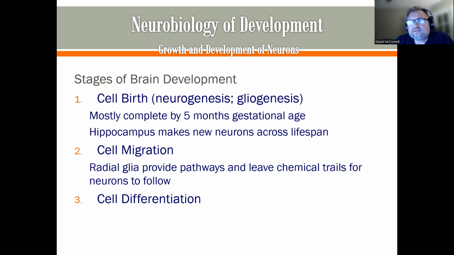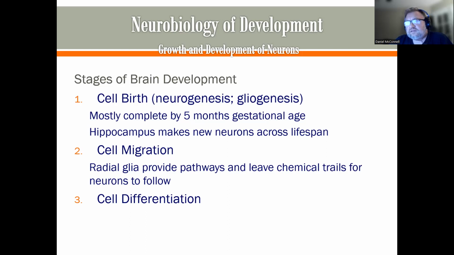So before the rest of the brain forms, we have to get some glial cells in place. There's a specific type of glial cell called a radial glial cell. And they are called that because they radiate outward to form essentially a latticework of pathways. And these various radial glial cells emit various chemicals that create a chemical trail.